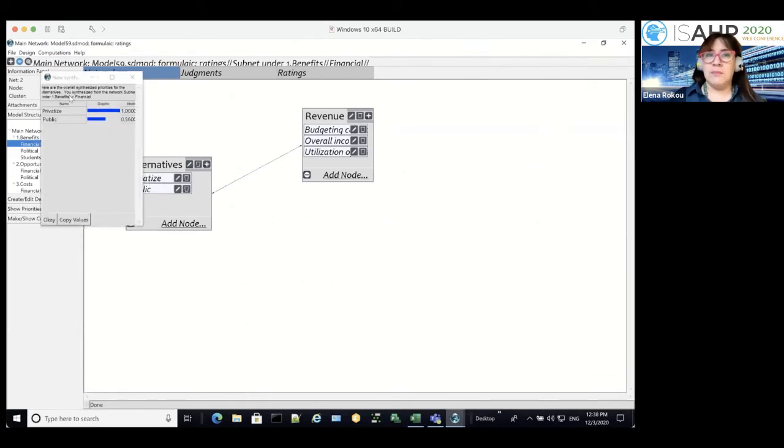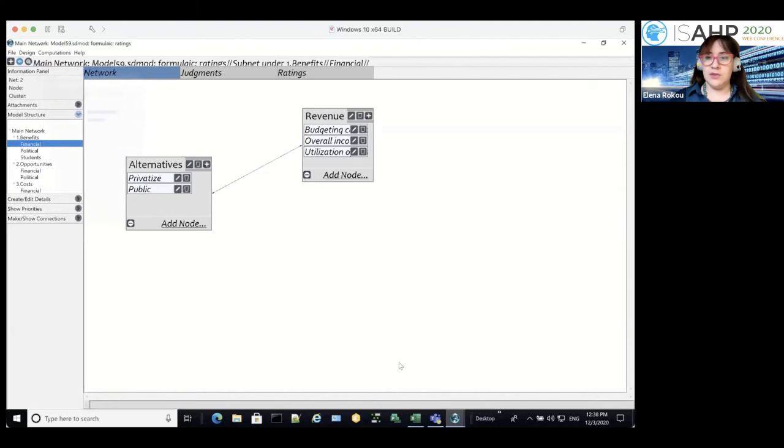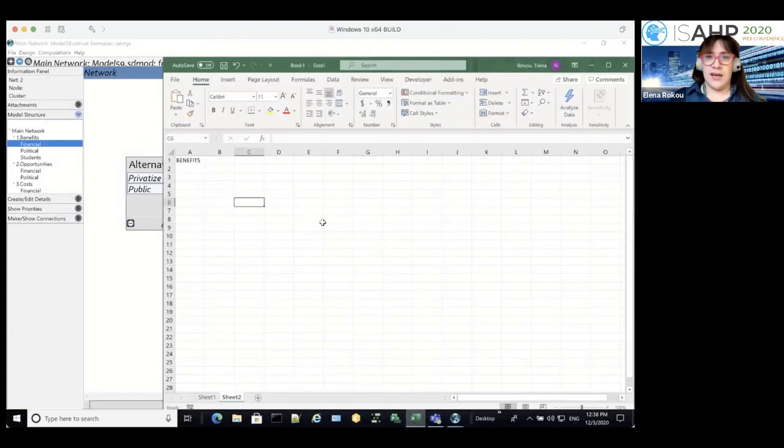I'll check that benefits financial is the title over here, just to make sure that I'm taking the correct one. I'll copy the values and I'll bring them back over here where I'll say financial. I'm leaving some space because I need also the weight. And here we are.